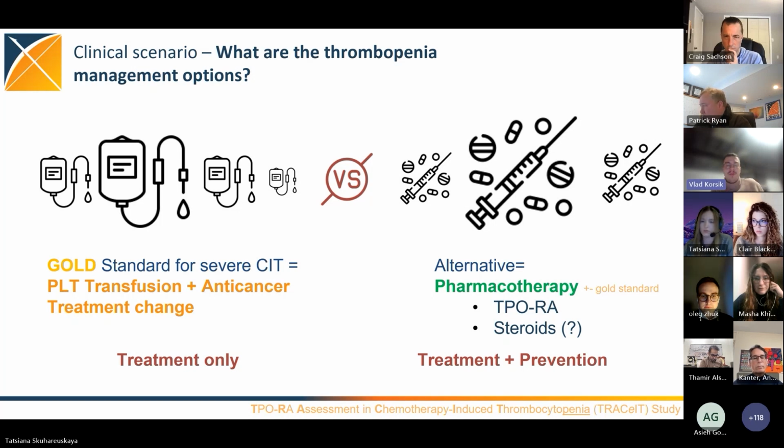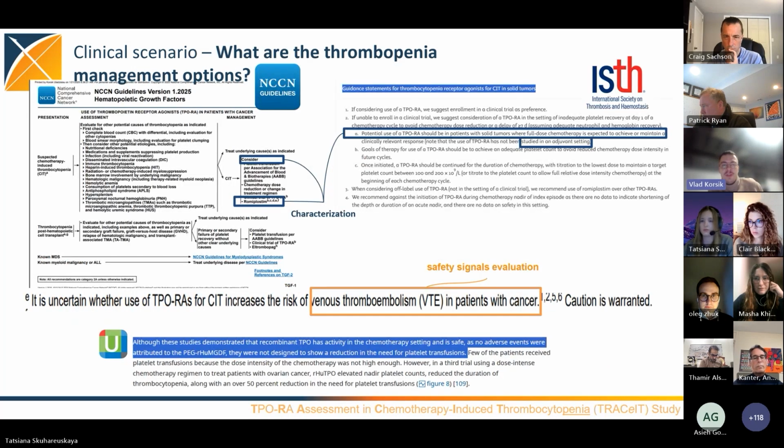So I decided to look at the most recently published guidelines, like NCCN guidelines or the International Society on Thrombosis and Haemostasis, and also looked at the published articles within the UpToDate platform, and I was not able to find any direct recommendation to define the niche and role of TPO-RAs in such a clinical scenario.